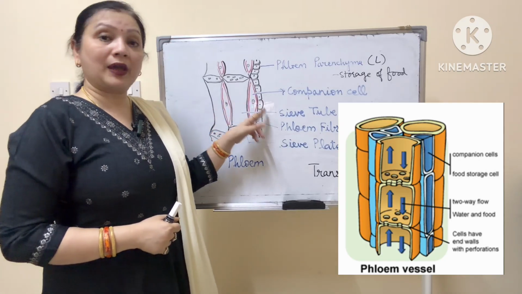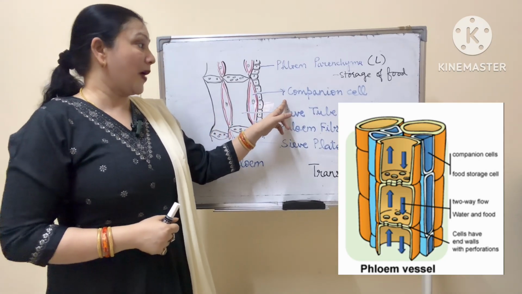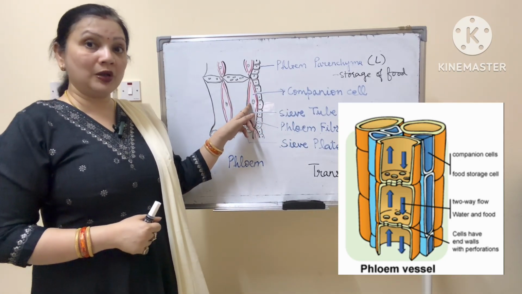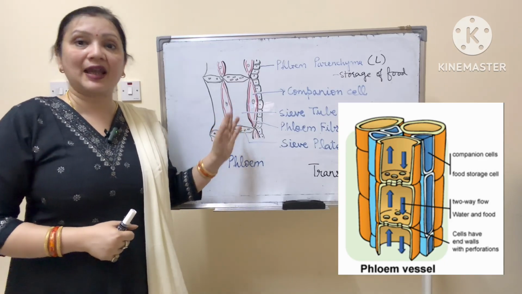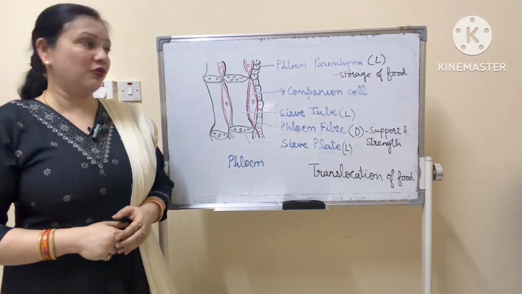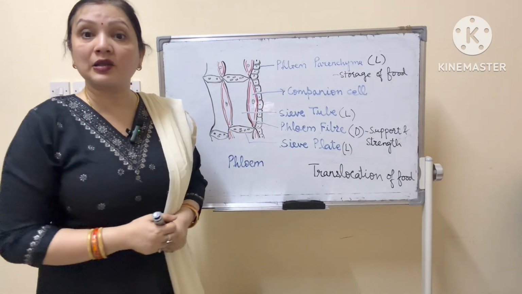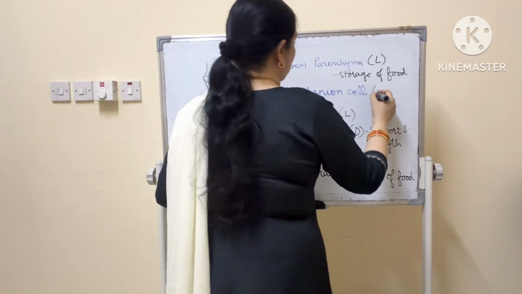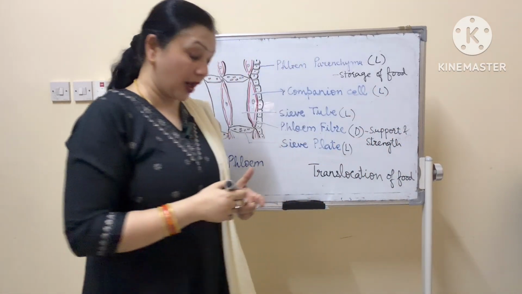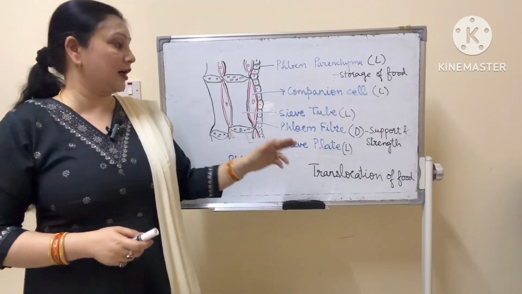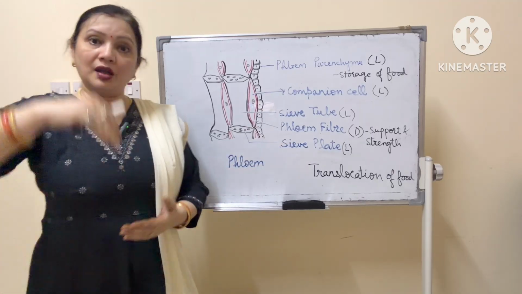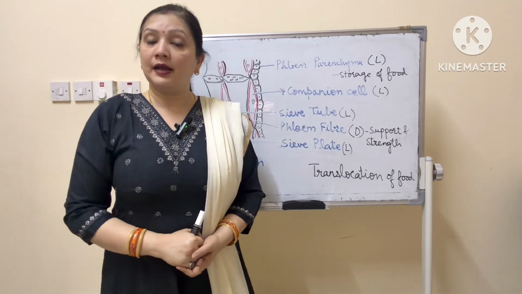So the sieve tube cannot control, but the companion cell has a proper nucleus, and it helps the sieve tube in conduction of food. This companion cell is also a living structure, and its function is to help the sieve tube in conduction of food in both upward and downward directions.